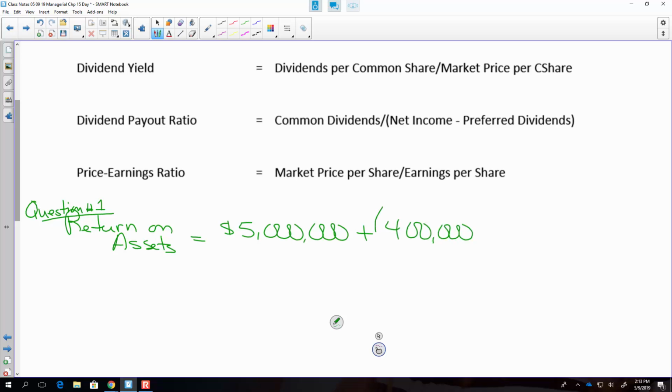But remember, I'm going to do a double parens, right? We got to multiply that 400,000 by 1 minus the tax rate, which is 0.66.